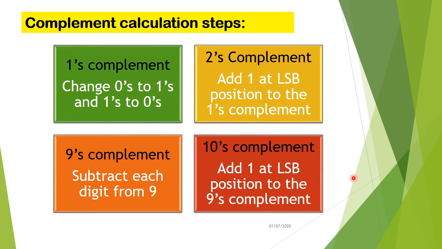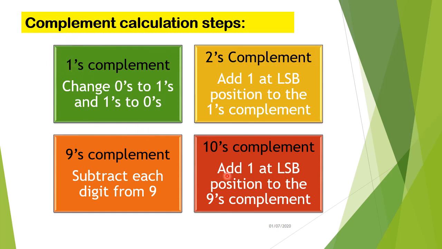Corresponding to the binary number system, the radix value is 2. So r's complement for binary will be 2's complement, and r minus 1's complement will be 1's complement.